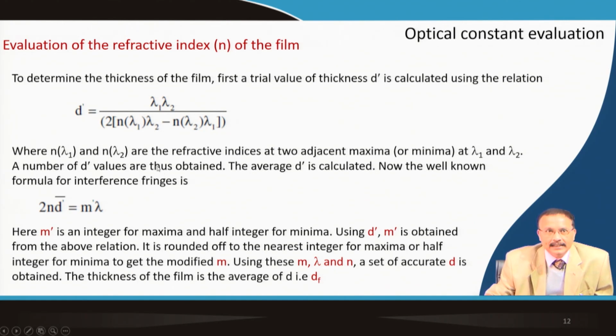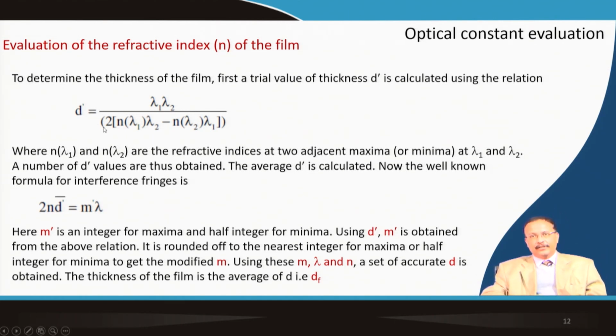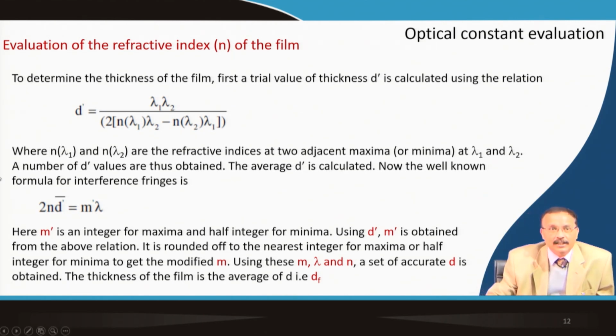So, you can get a number of d prime values, and the average of this d prime is first calculated. Now, you know that the interference fringe is actually related by this relation.